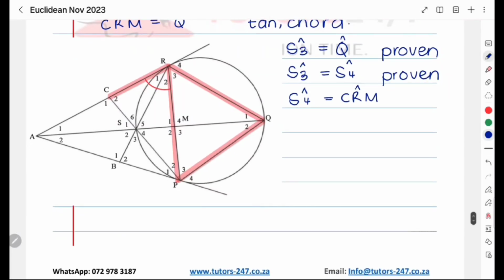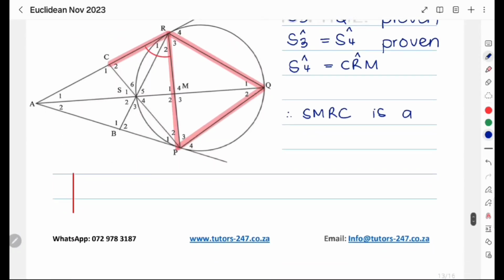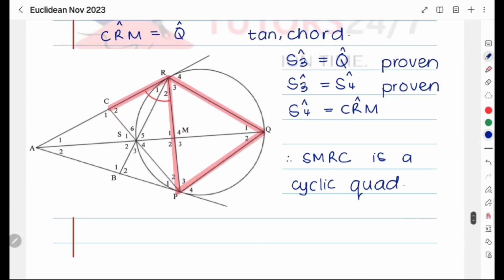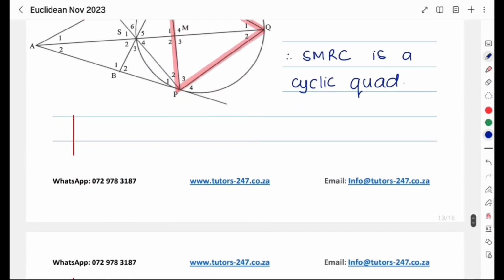And we can therefore state SMRC is a cyclic quad. And our reason is the exterior angle of the cyclic quad is equal to the opposite interior angle. We'll first start by stating converse.